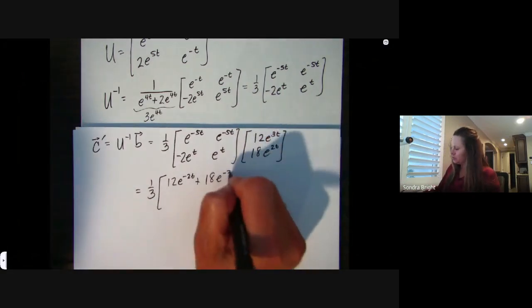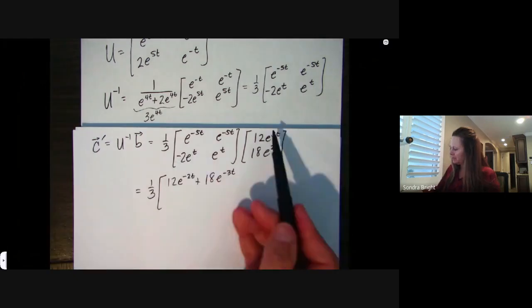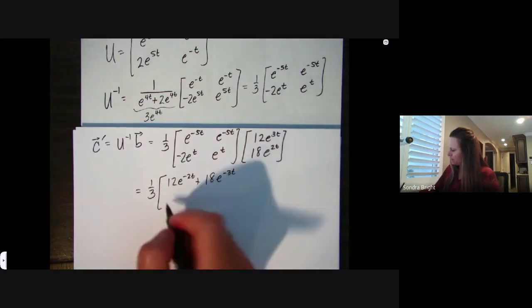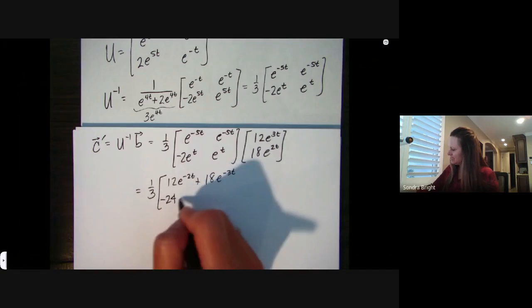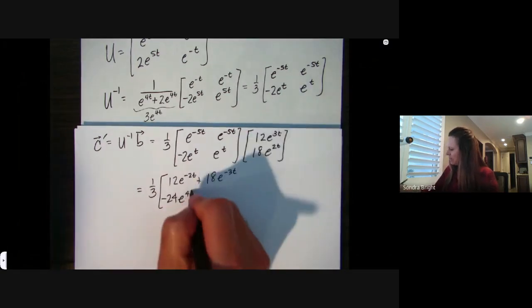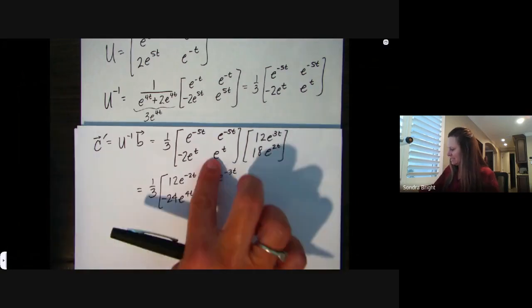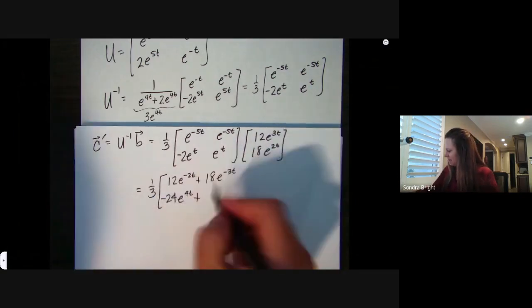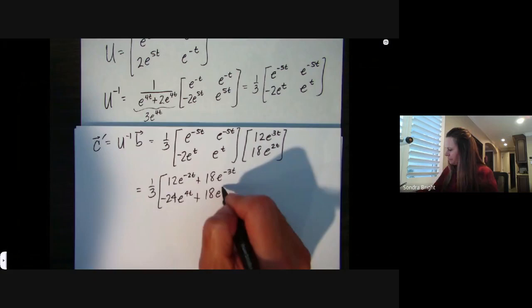Then do row 2 times this column. Negative 2 times 12 would be a negative 24. e to the t times e to the 3t is an e to the 4t. And then plus e to the t times 18e to the 3t.